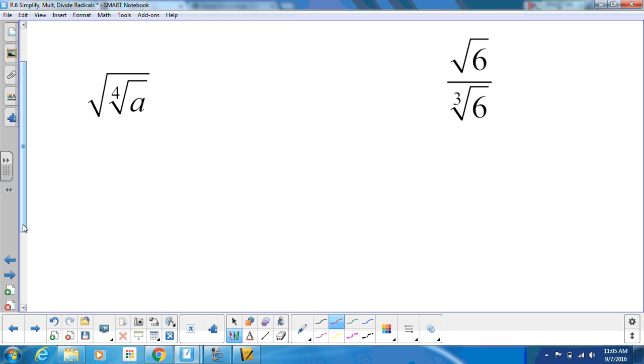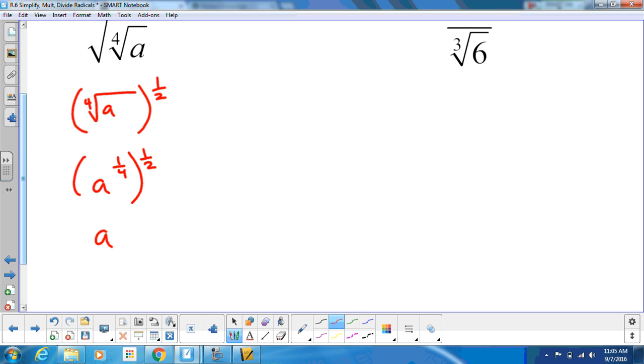Okay, so this is the square root, so it's the same thing as this, right? The square root is the same thing as the 1/2 exponent. Let me write the fourth root of a as an exponent. So that would be a to the 1/4. So a to the 1/4 to the 1/2.